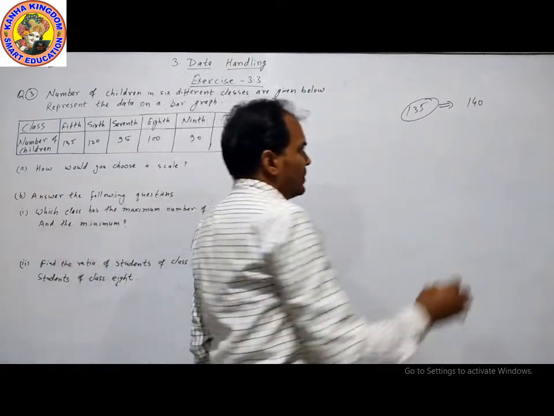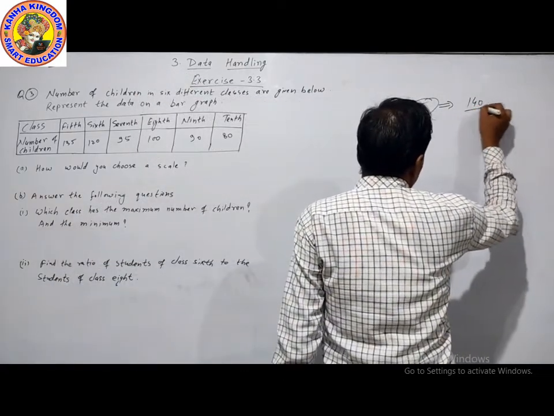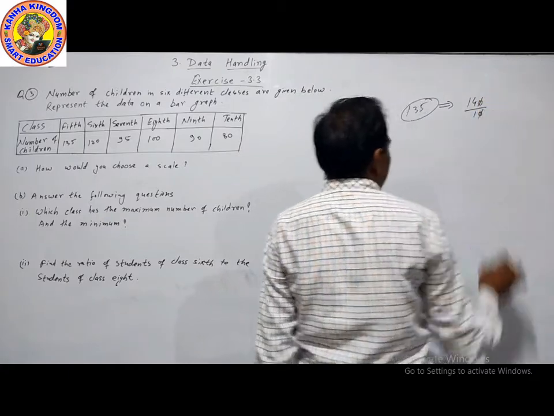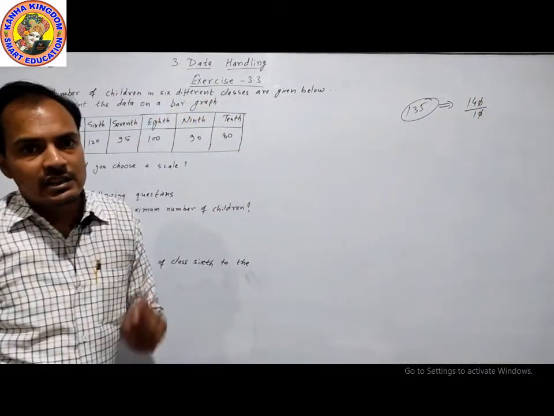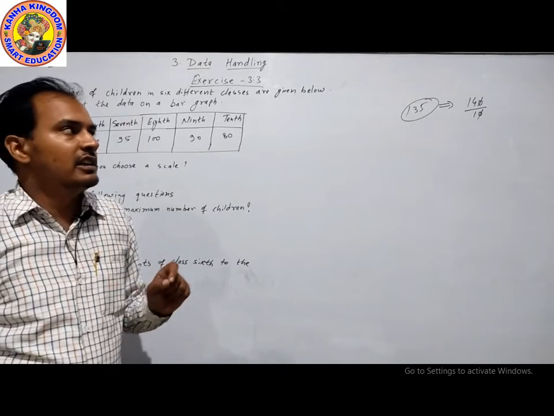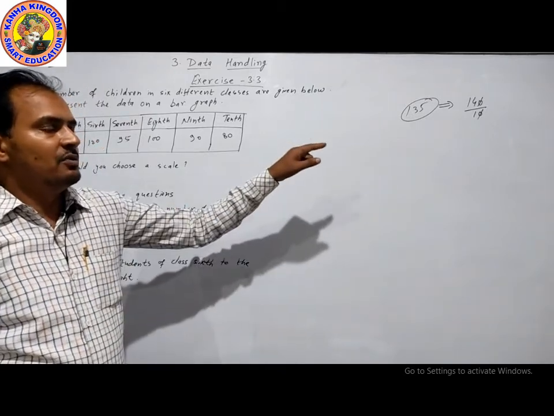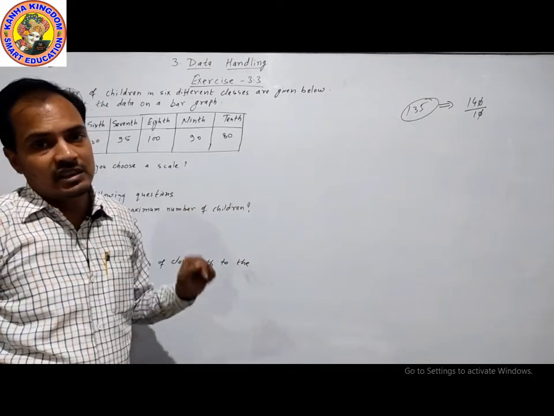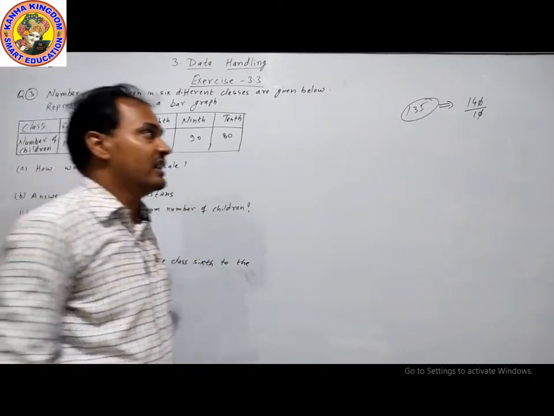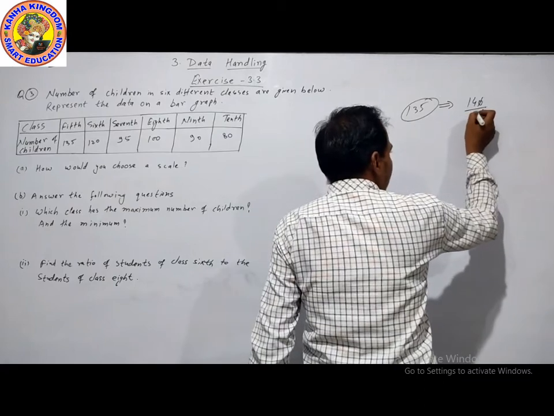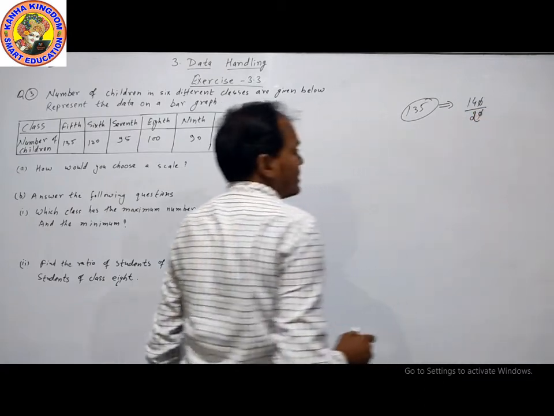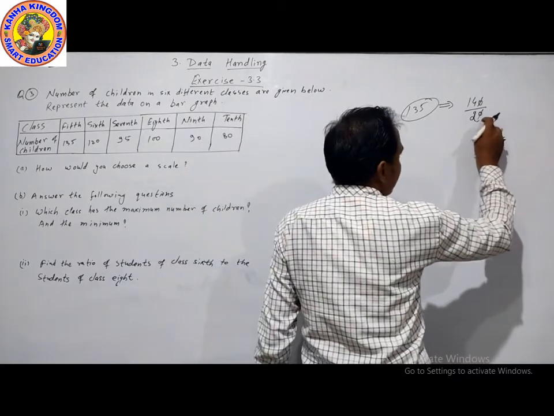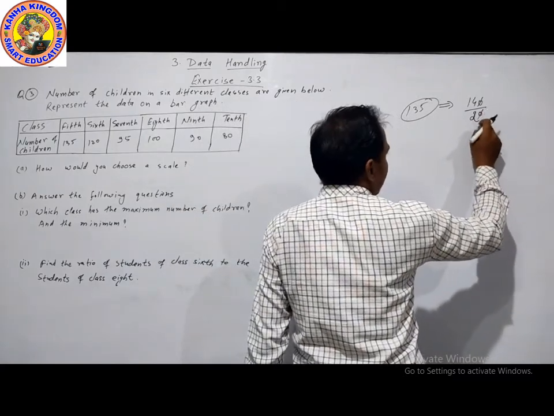If we denote 10 children in 1 centimeter, we have to move 14 centimeters. So we will take 20 children in 1 centimeter.